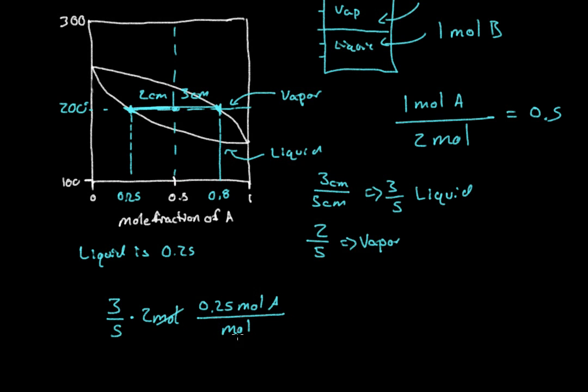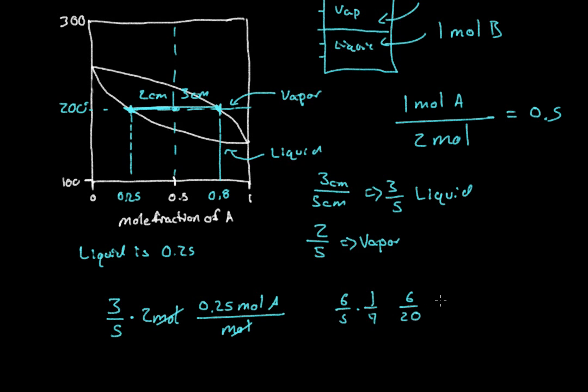So these moles cancel out, and we are left with 6 over 5 times 1 over 4, so 6 over 20.